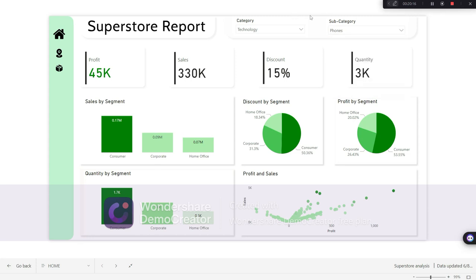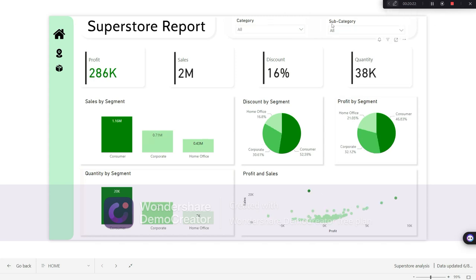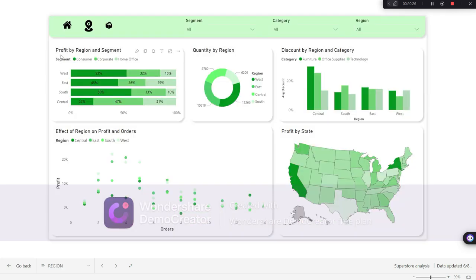Now let's go for region. In region there are three filters. First one is segment, second one is category, and the third is region.